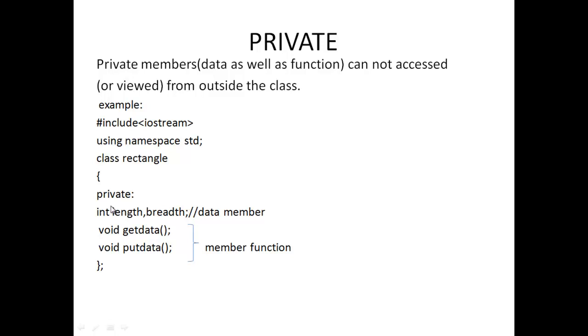Okay. And this private keyword is optional. That means if we do not write the private keyword, then by default the data values or the member functions are declared as private members. Okay.